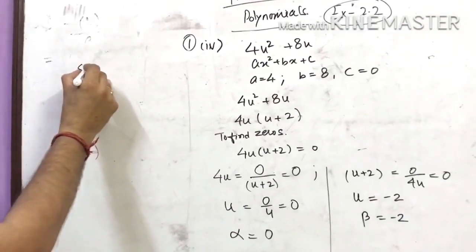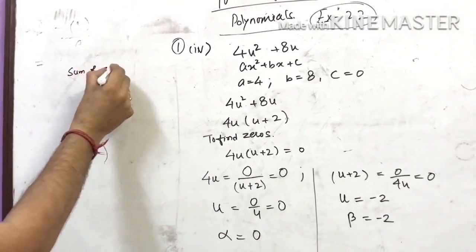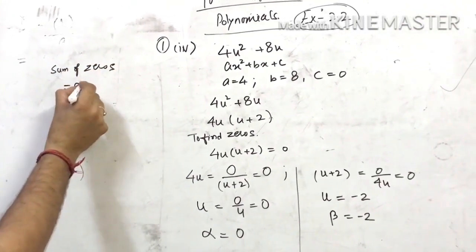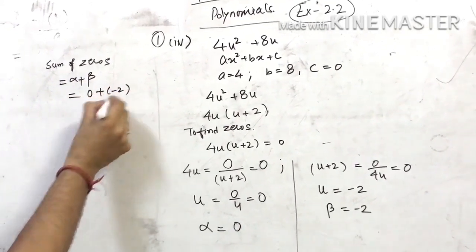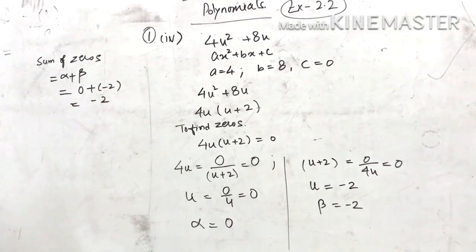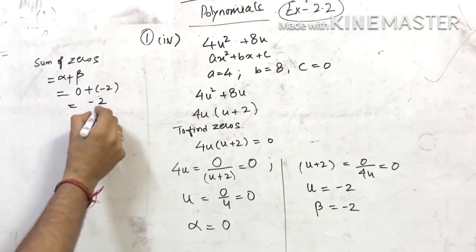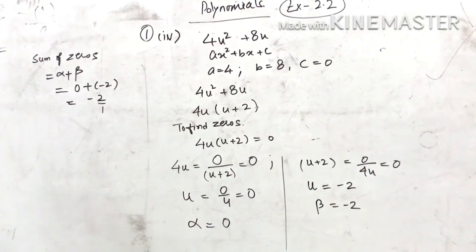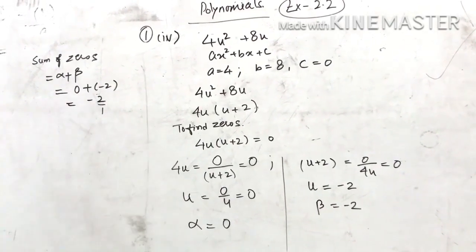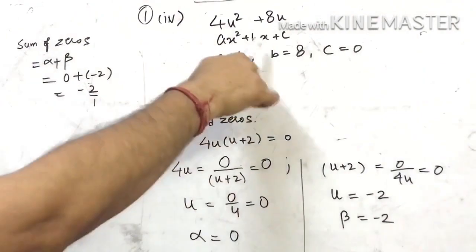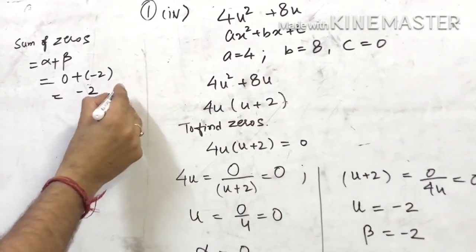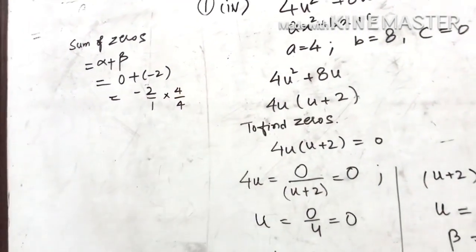So that is sum of zeros, that is alpha plus beta, that is 0 plus minus 2 gives you minus 2. You can write it as minus 2 by 1 also, but you know it should be minus b by a, and a is 4 and b is 8. You can multiply this rational number by 4 by 4.